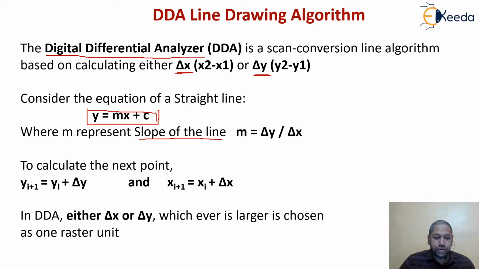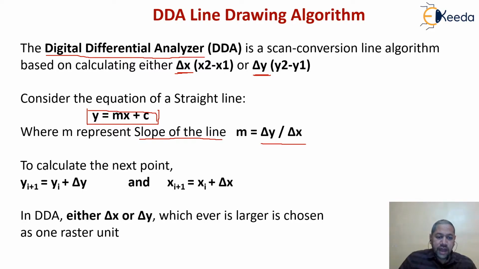The value of the slope m is delta y by delta x, that is, y2 minus y1 upon x2 minus x1, or dy by dx. And c is obviously the constant value.